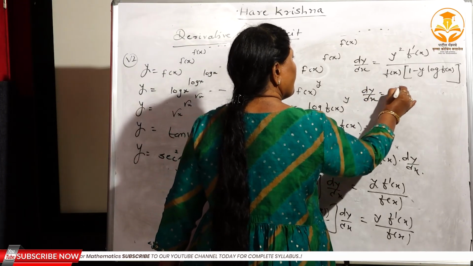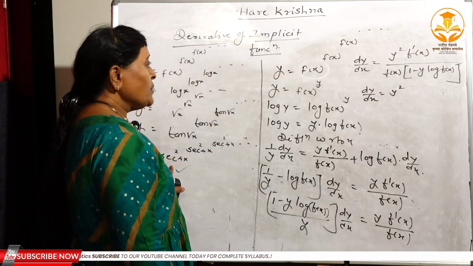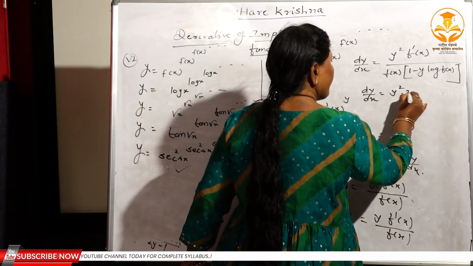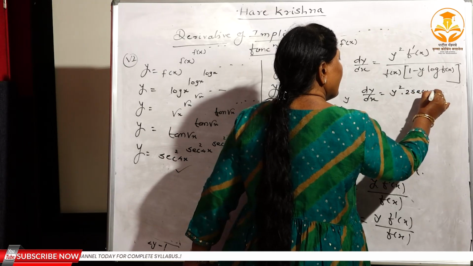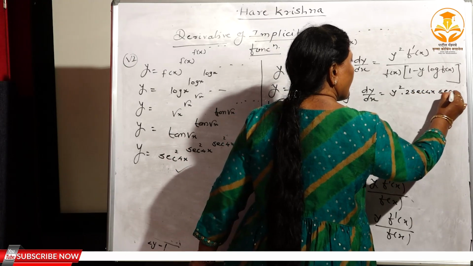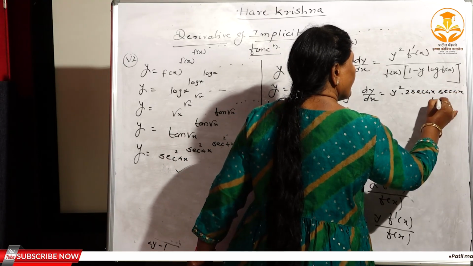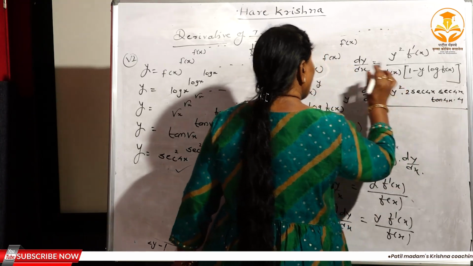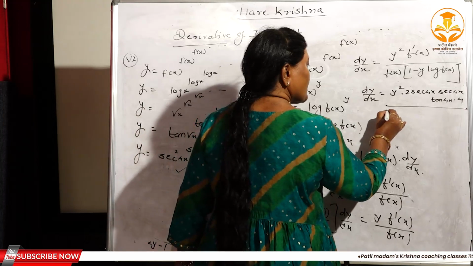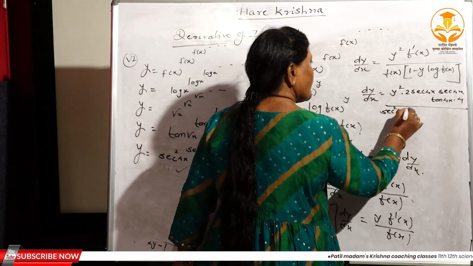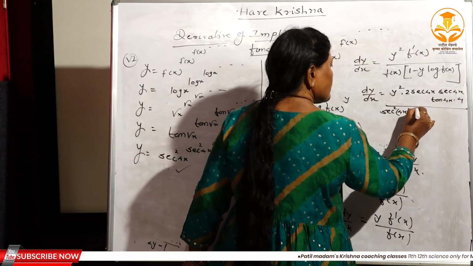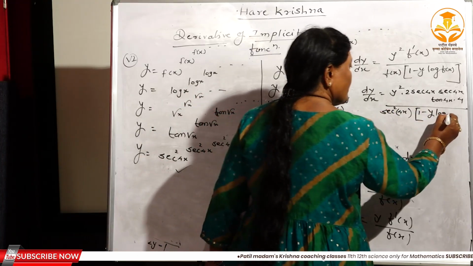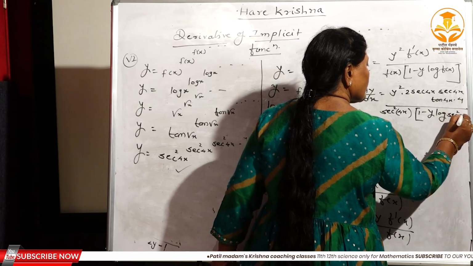Again y square is the compulsory term, the function is sec square 4x, the derivative is 2 sec 4x, the derivative of sec 4x is sec 4x into tan 4x into 4, divided by the function sec square 4x, and again 1 minus y, compulsory term, and log of the function sec square 4x.